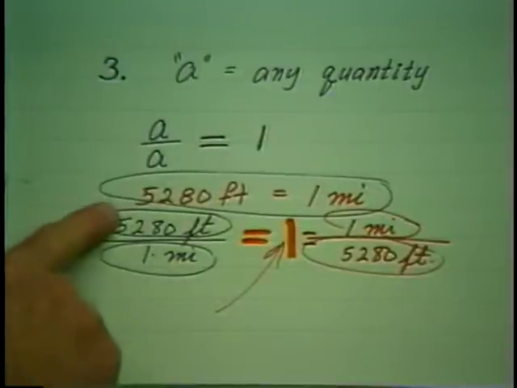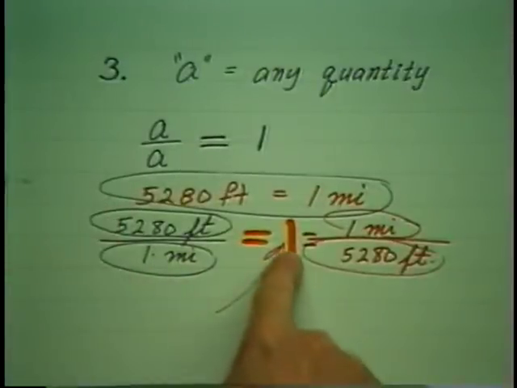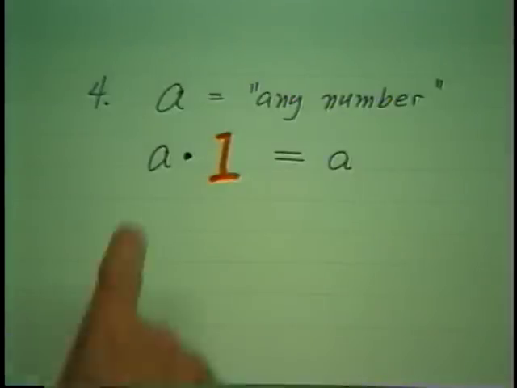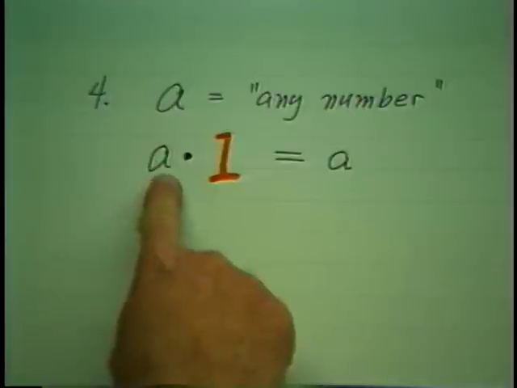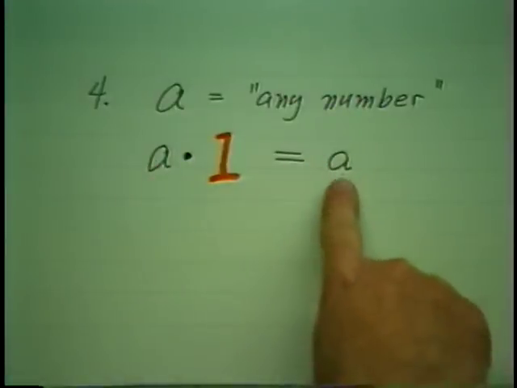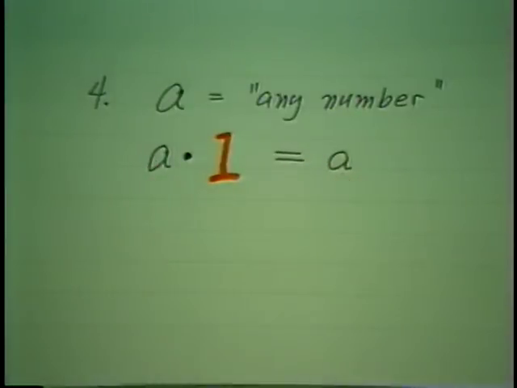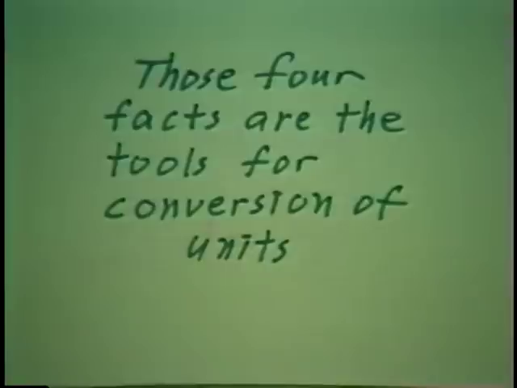Third, any quantity divided by its equivalent is equal to 1. And finally, 1 times any number will not change what it is, even though it might look different. Those 4 facts, and only those 4, are the tools for conversion of units.